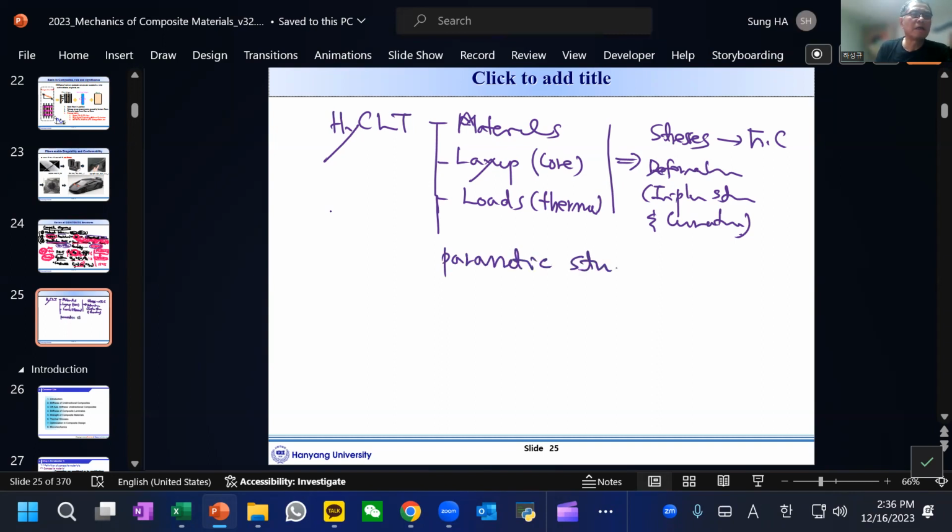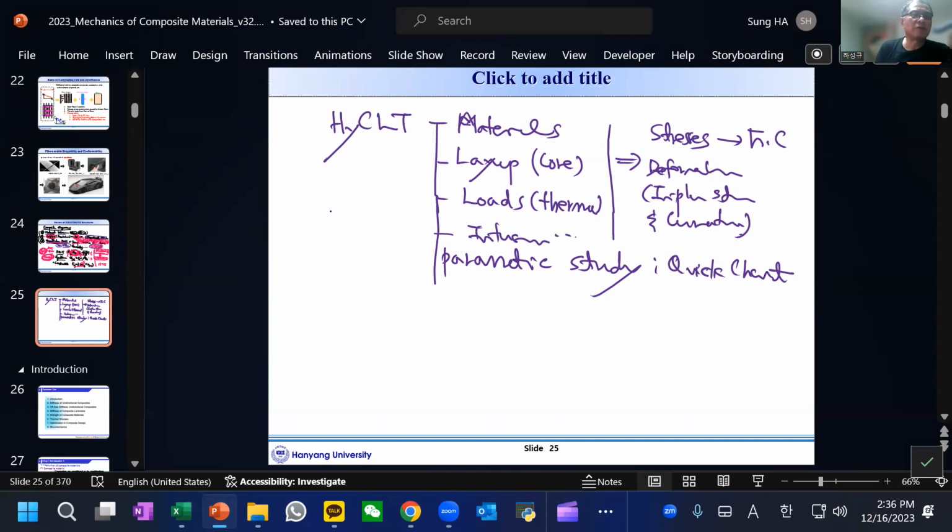Parametric study using the quick chart. And of course, I didn't mention it much, but you can have an infusion procedure as well.